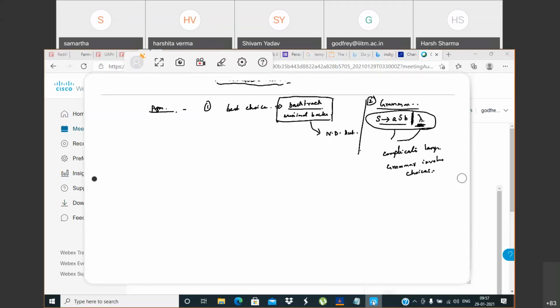The third reason is that some theoretical results are more easily established for an NFA than a DFA. So also you introduce these kind of non-deterministic machines.